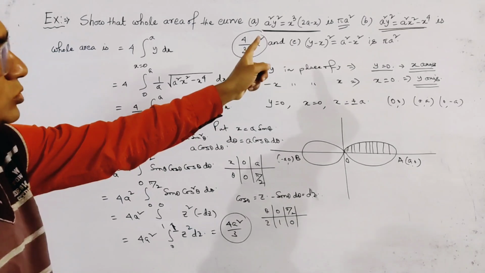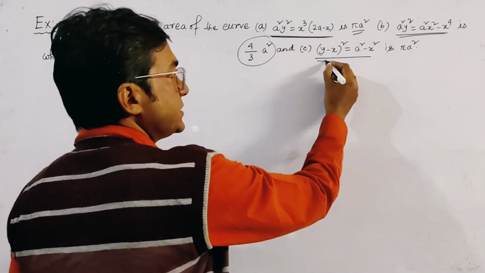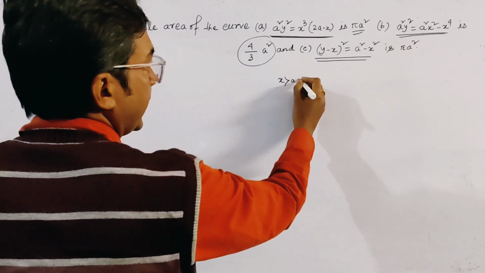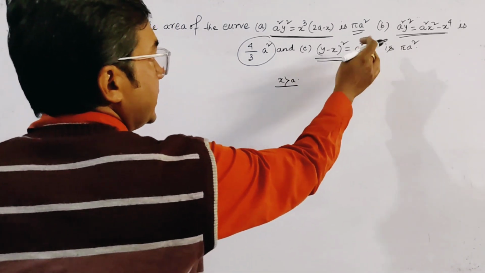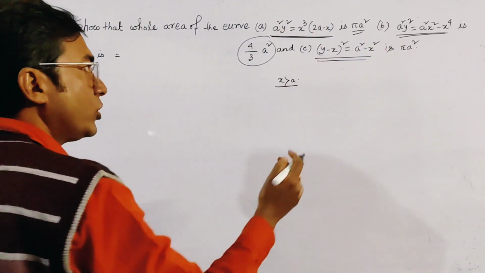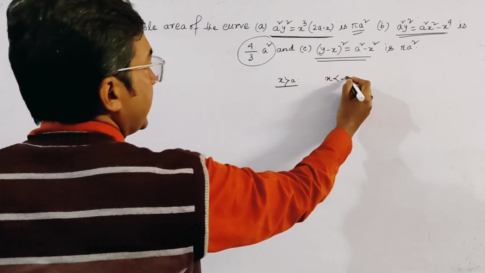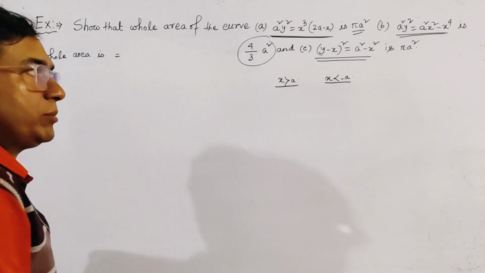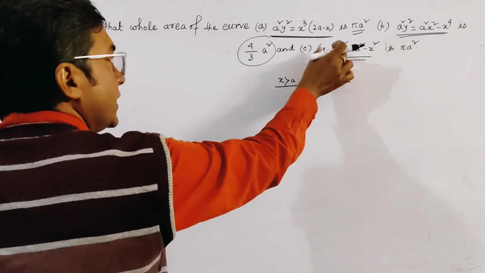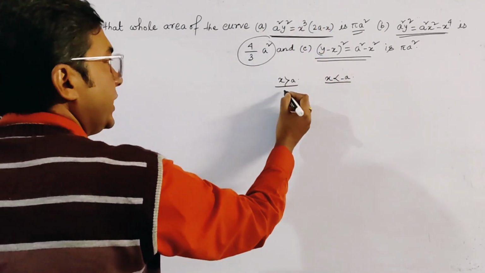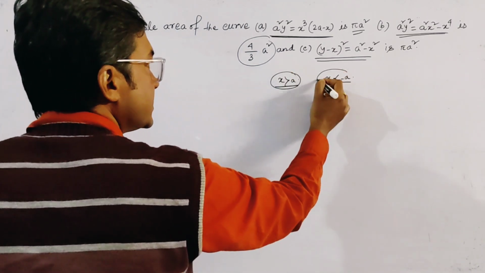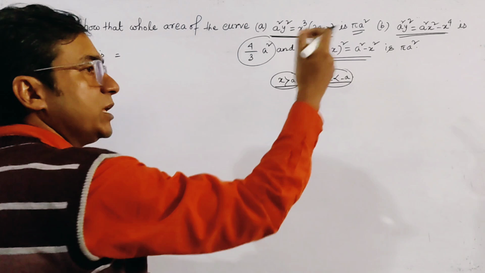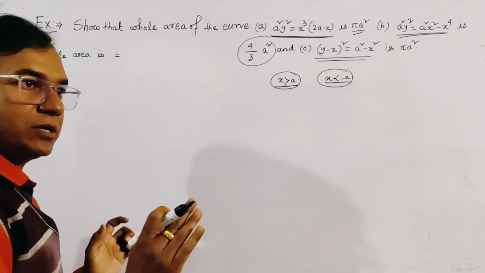Now go to the third curve. It is clear that if we put x greater than a, then the right side is negative, or if we put x less than minus a, then also the right side is negative. Because the left side is a square, we cannot take x greater than a or x less than minus a. Otherwise y minus x is an imaginary number, which is not real.